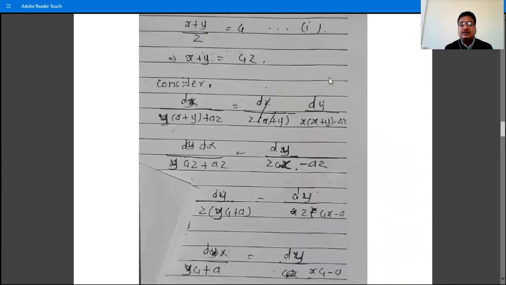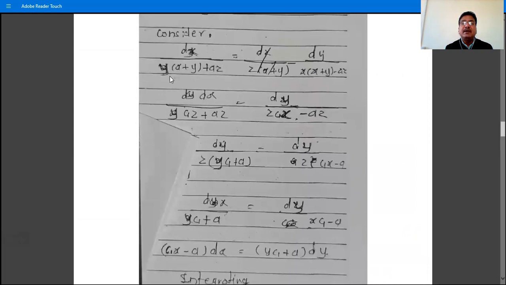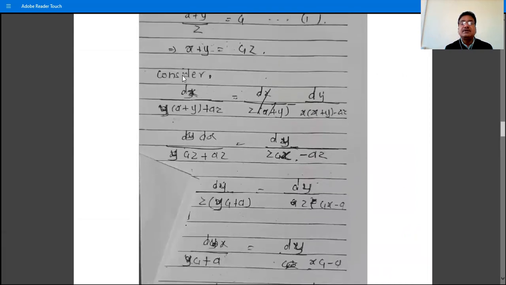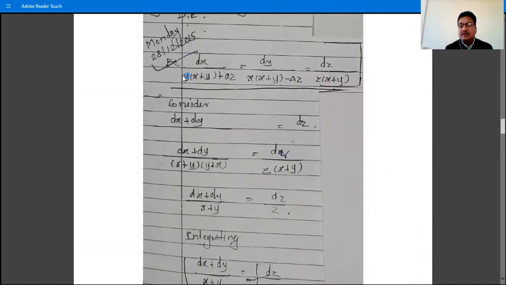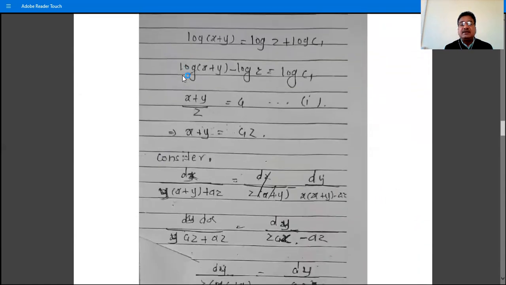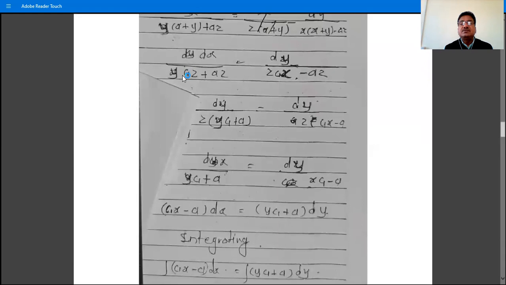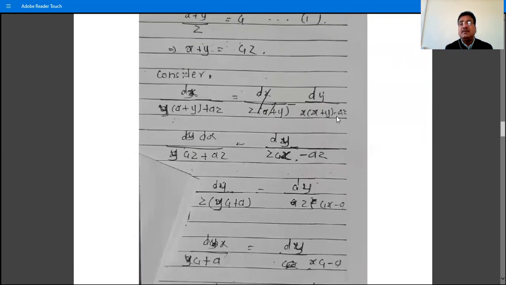Here is the answer of the example, dx divided by y in bracket x plus y, minus az plus az. So substitute x plus y as c1z, and then what do we have? Dx divided by y c1 plus a, and dy. Consider the second ratio, not the third ratio, here dx and dy, these 2 ratios.